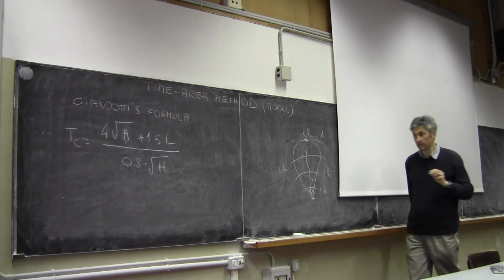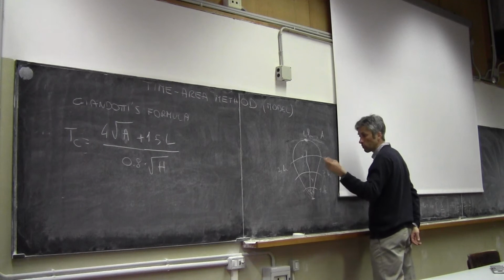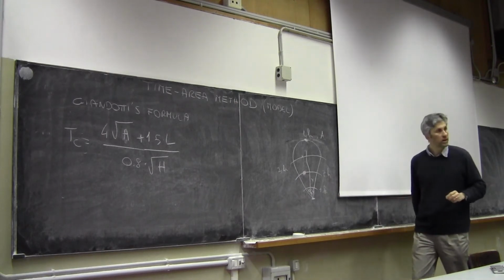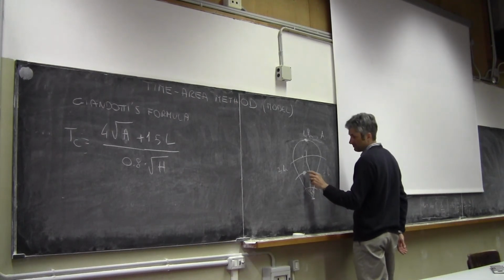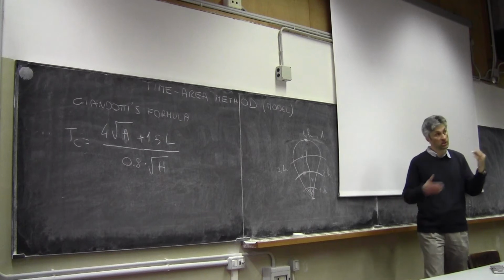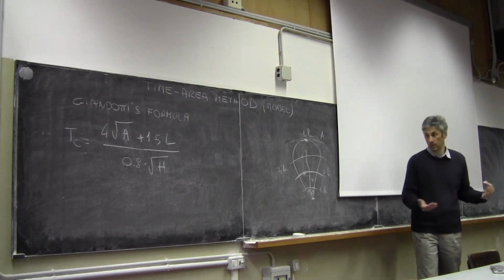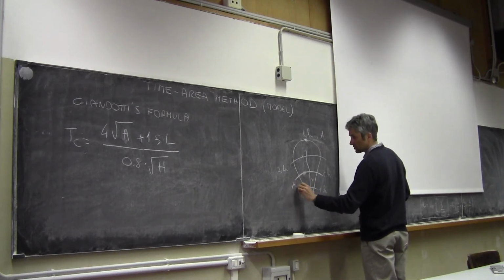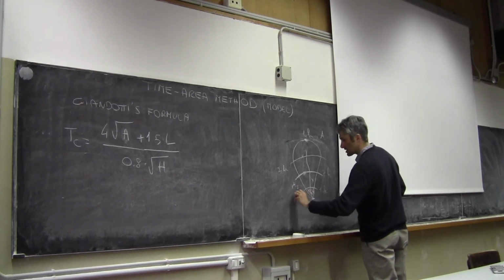Okay, let's assume then that you want to compute the travel time for this point here, or this point, sorry, for this line here, because it's the same travel time. And let's assume that the downstream area is A2 plus A1.